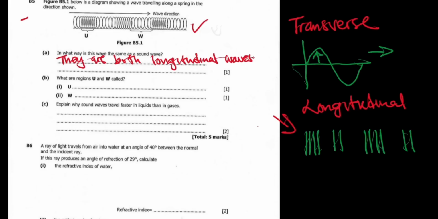Now, keep in mind that the direction of the particles in a transverse wave is perpendicular to the direction of travel of a wave. Whereas in longitudinal waves, the particles move in the same direction as the direction of the wave itself. And since I've pointed out that the particles move in transverse waves perpendicular to the direction of travel of waves, while in longitudinal waves in the same direction, it shows that these waves are being made by particles themselves.